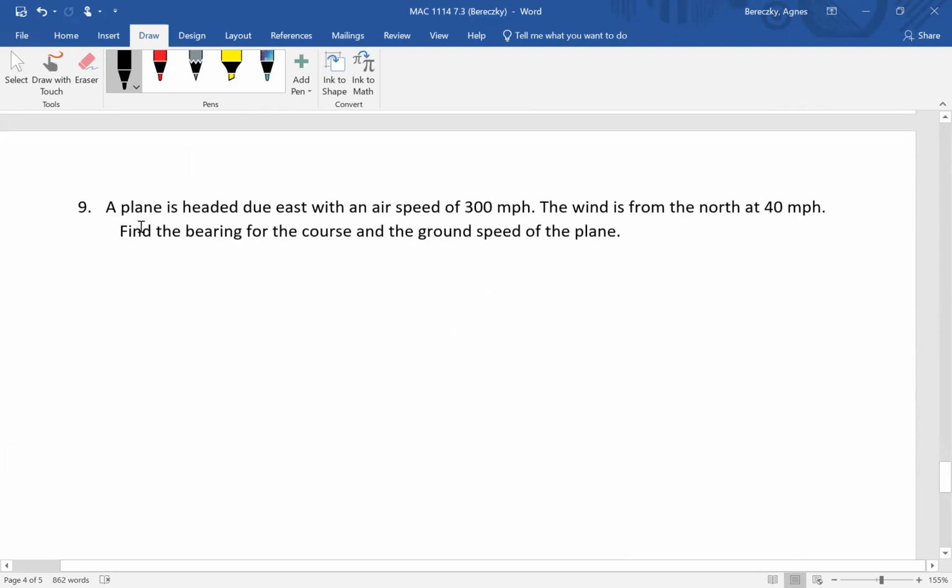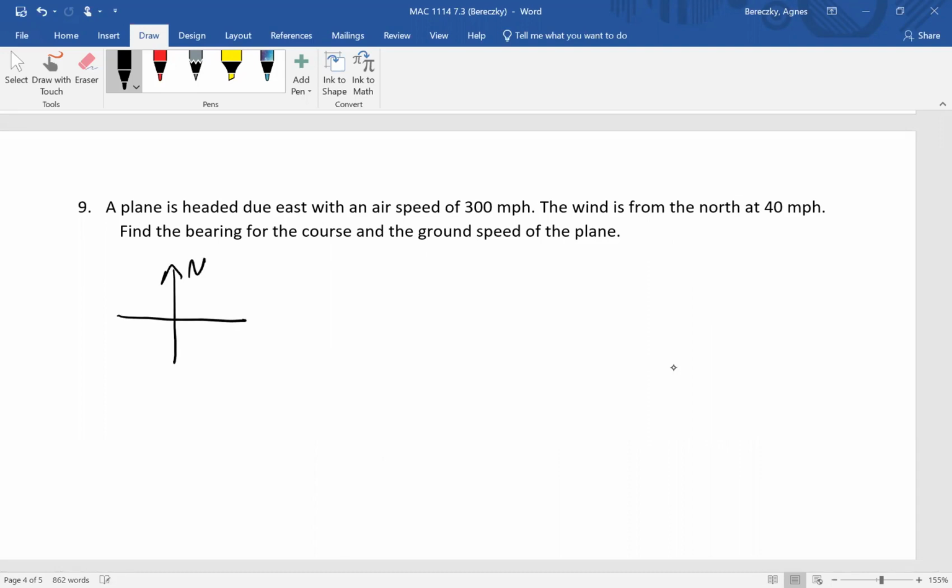Number 9. A plane is headed due east with an airspeed of 300 miles per hour. The wind is from the north at 40 miles per hour. Find a bearing for the course and the ground speed of the plane. So here's like a little direction, right? North, south, east, west.